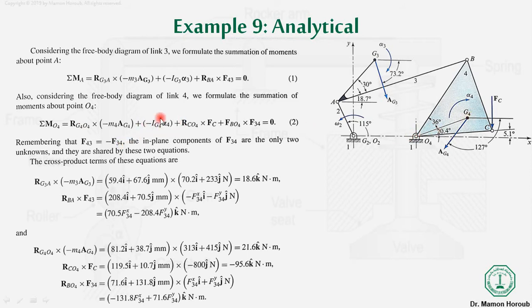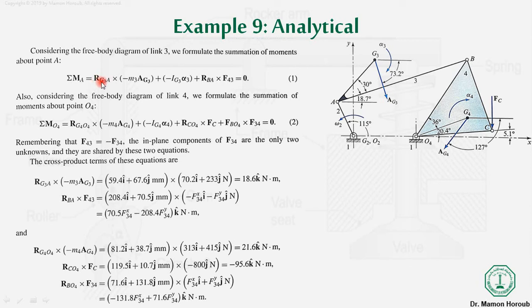Similarly, we also have the reactive moment. And we also have a moment due to the force that is exerted from link 3 to link 4, that is F34. So F34 into this moment arm, starting from B until O4. So we will take the summation of moments about O4 equal to 0.